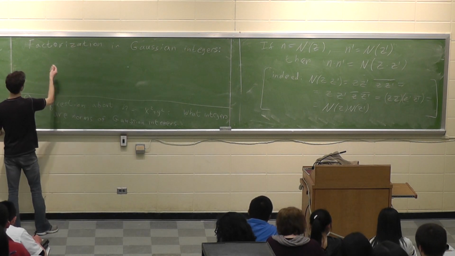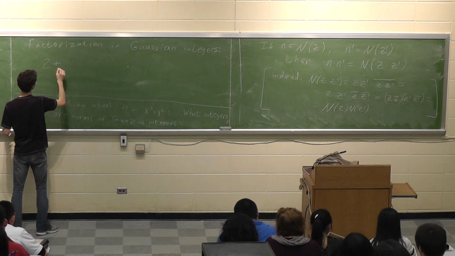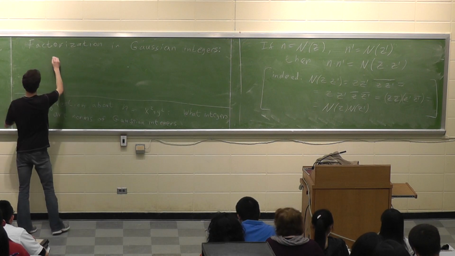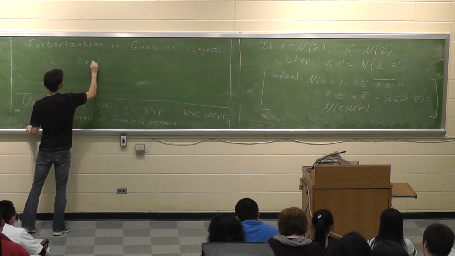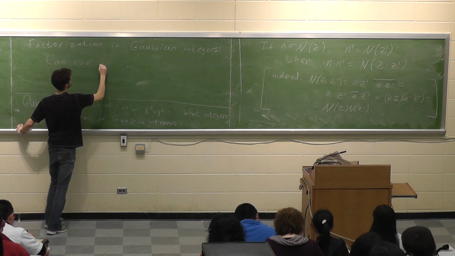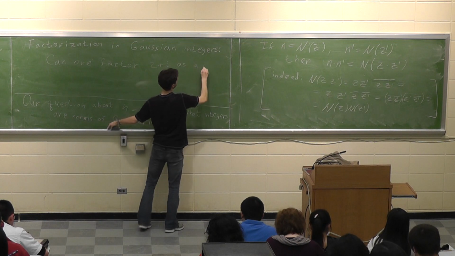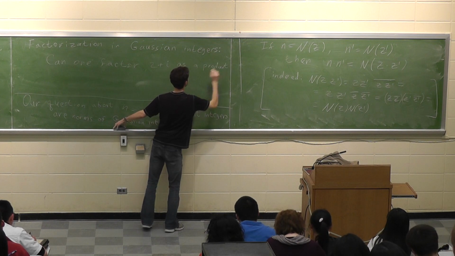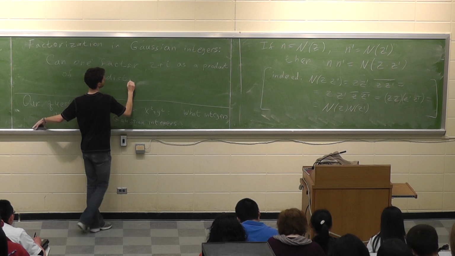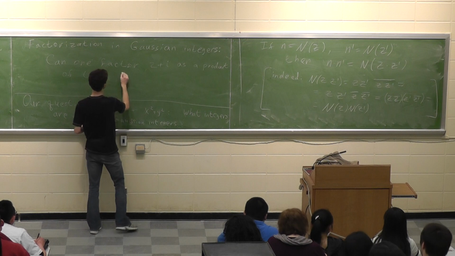So let me start with, say, this thing, 2 plus i. The question is, can 2 plus i be factored as a product of two Gaussian integers?